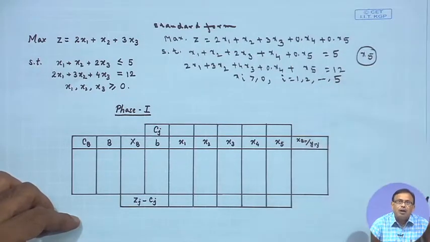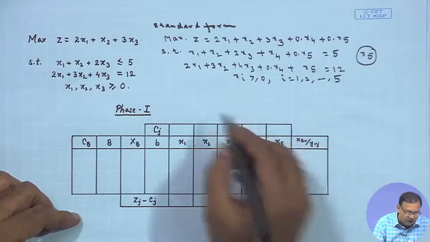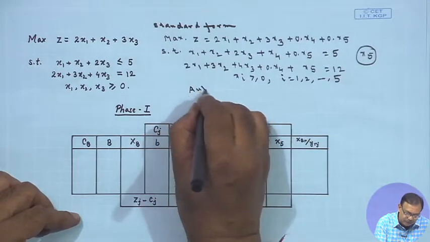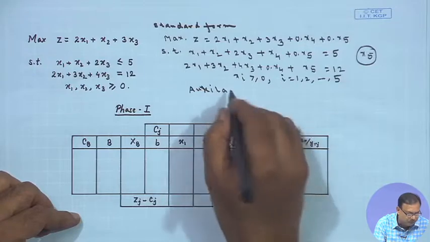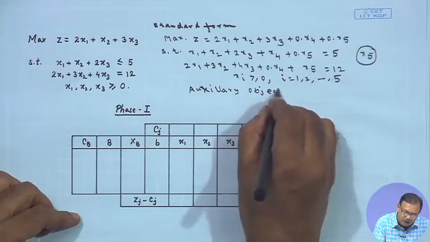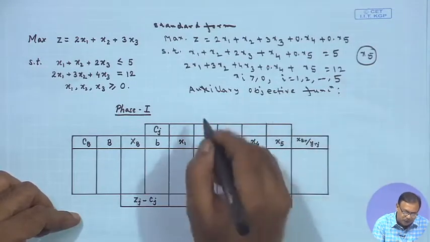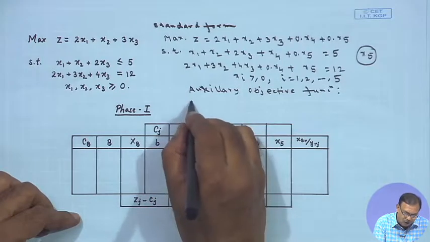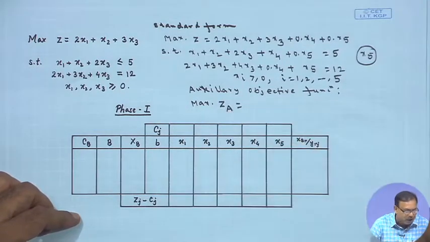From here, now you will create one auxiliary objective function. Say z a or z star, whatever name you can give.